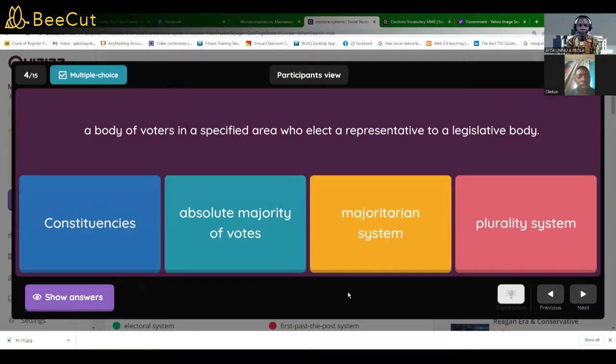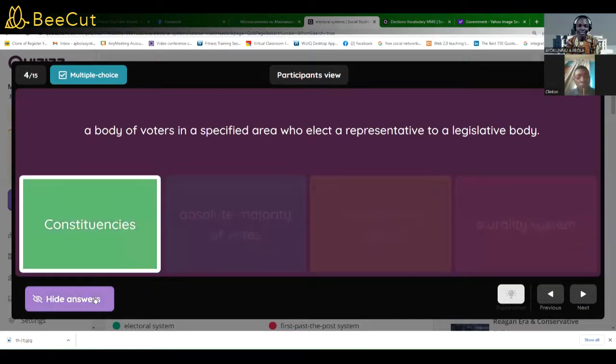A body of voters in a specified area who elect legislative representatives is a constituency.